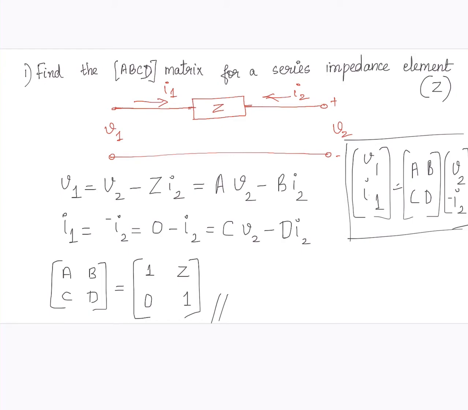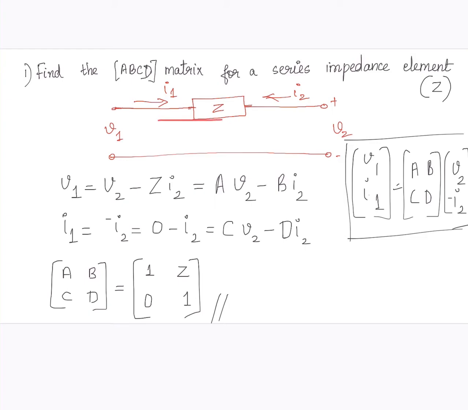From the circuit, by applying KVL, we can write V1 is equal to V2 minus Z into I2, which will be equal to the general expression A into V2 minus B into I2.